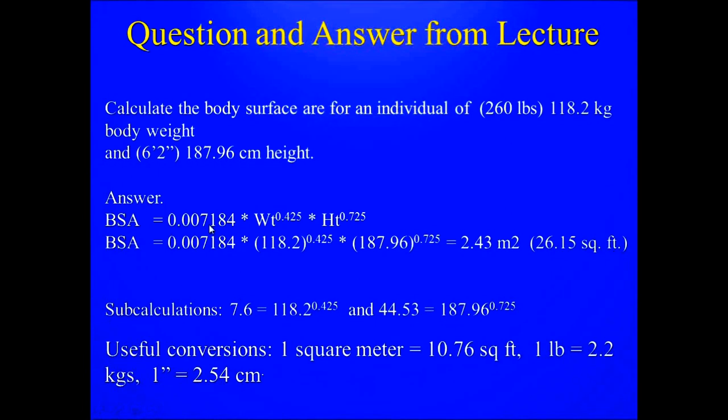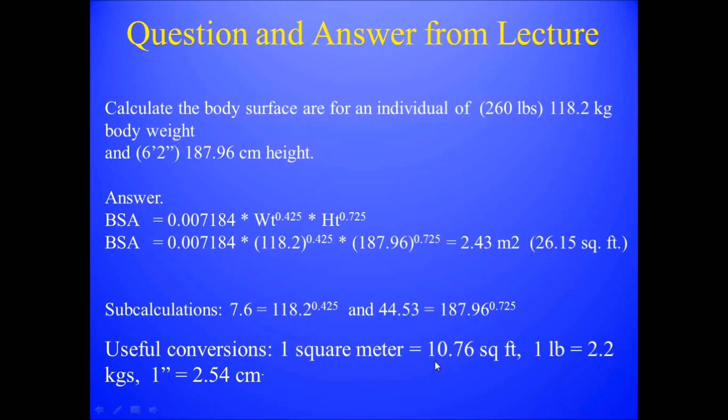Remember, again, this constant right here allows you to make these conversions from weight and height to surface area. And there are just some sub-calculations right here for the exponents. If you don't have that, I do recommend that you bring a calculator to the class that gives you the ability to do these exponent calculations so that you can come up with the best answer should you be given this on an exam.